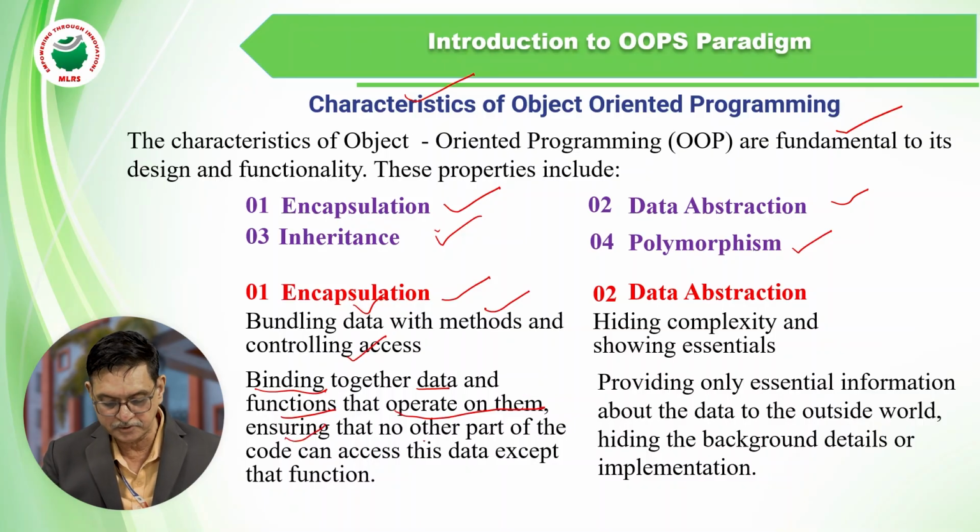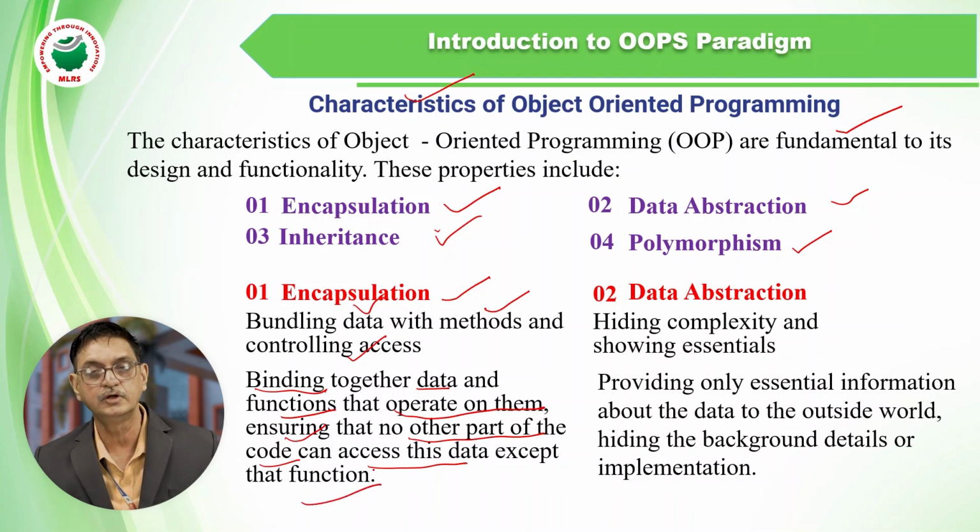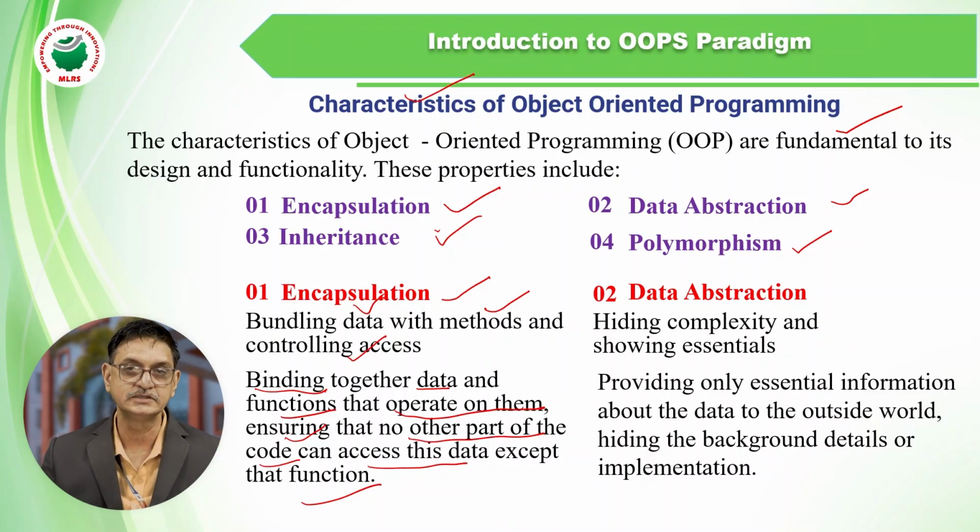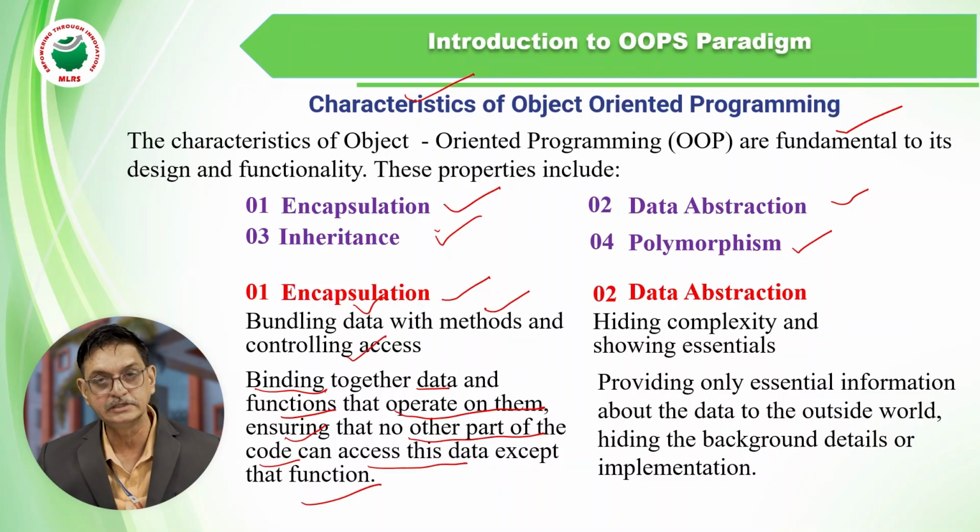It ensures that no other part of the code can access this data except that function. If you want to access that particular data, we need to use this function. Without this function, we can't access it. This is called encapsulation.